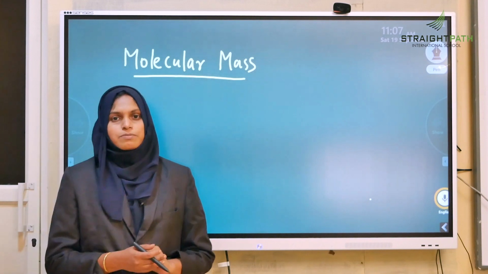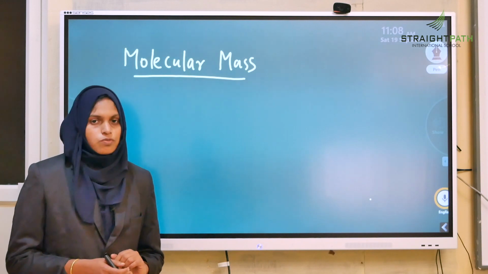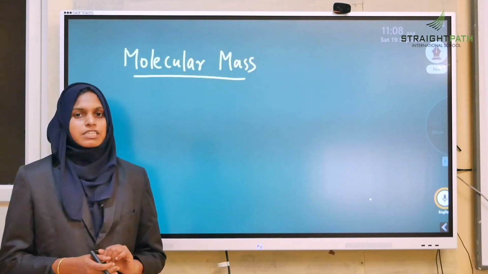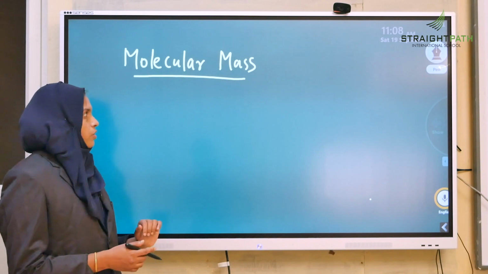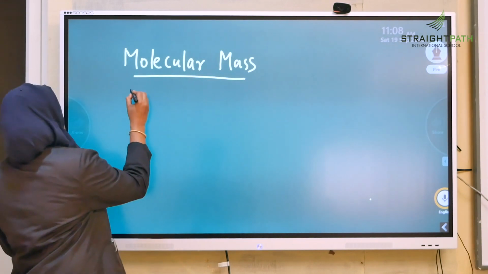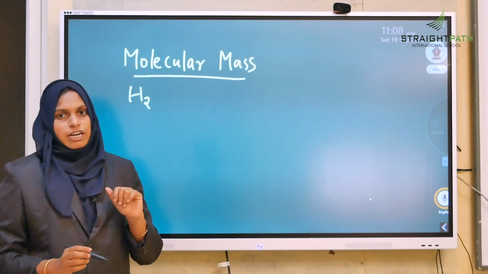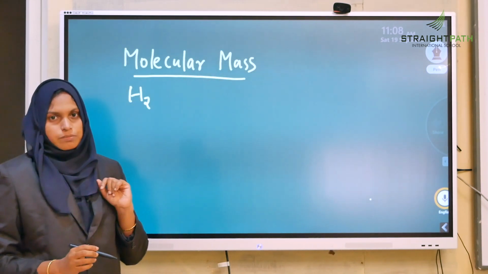Next, we can discuss molecular mass. The molecular mass of a substance is the sum of the atomic masses of all the atoms present in that substance. So we can find the molecular mass of some molecules. For example, H2. This H2 molecule contains 2 hydrogen atoms.